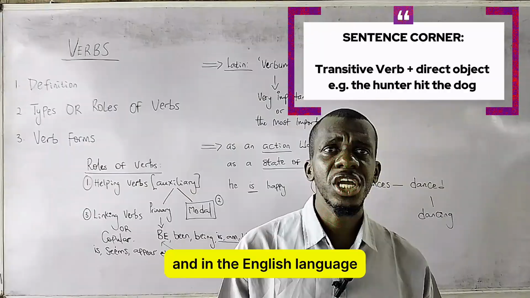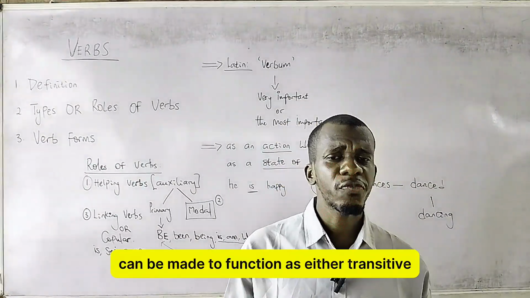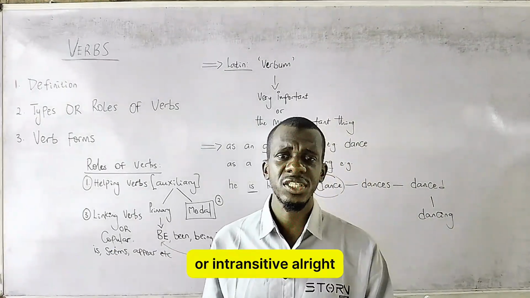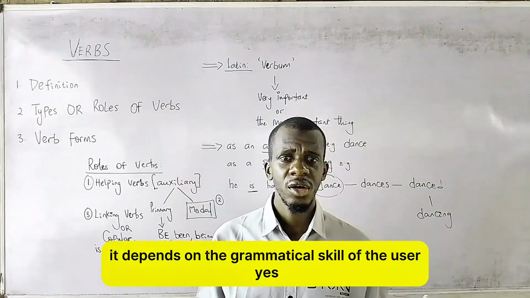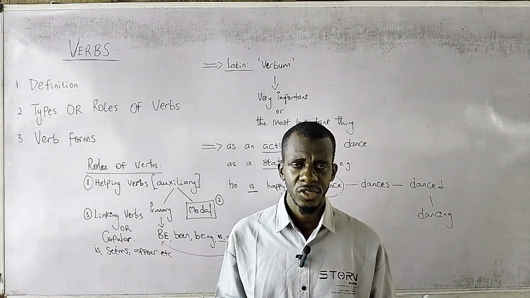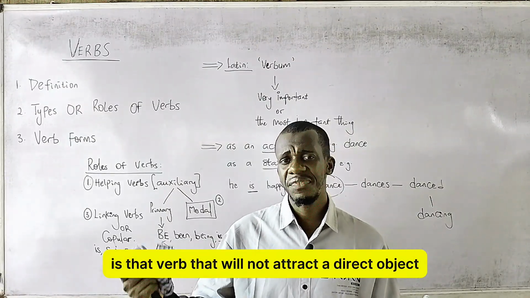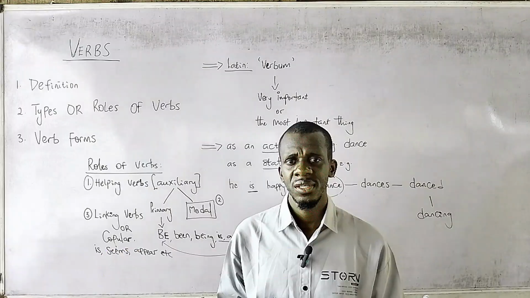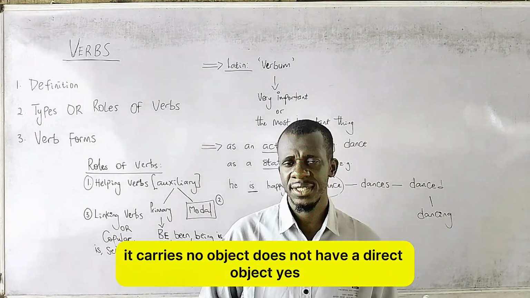Okay, and in the English language, most verbs can be made to function as either transitive or intransitive. It depends on the grammatical skill of the user. So an intransitive verb, on the other hand, is that verb that will not attract a direct object. It carries no object.